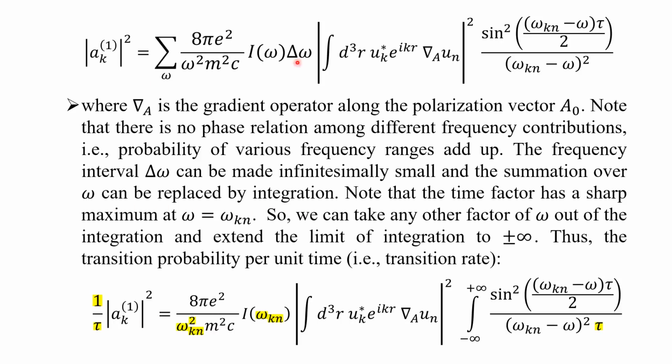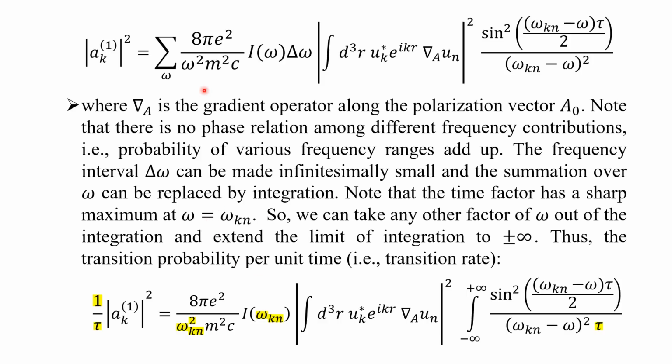When it becomes small, you can replace the summation with an integration. However, when omega is equal to omega kn, we will get maximum intensity, and this delta omega tends to zero, very narrow, very small.